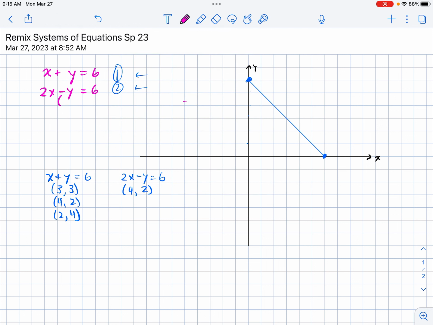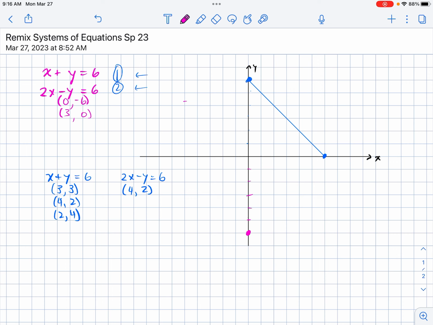So for this one, if I let x be 0, y is negative 6. So I get this point down here, 1, 2, 3, 4, 5, 6. So that's a point. Now remember, you just need 2 points to determine a line. And then we say, okay, what about the x-intercept? Well, then I let y be 0, and I get x equals 3.